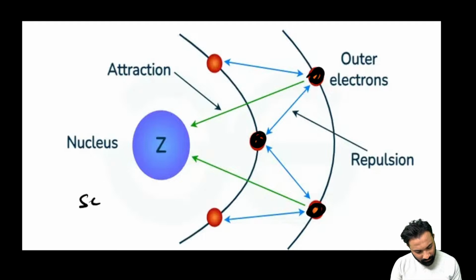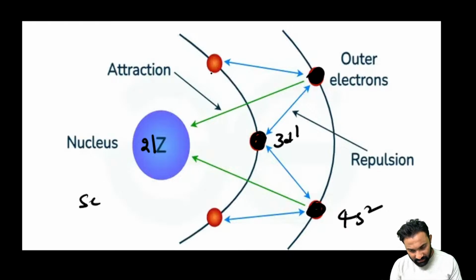For scandium, the atomic number is 21, meaning 21 protons will be there. These are the outer electrons, 4s2 electrons. Now this is a 3d1 electron. As the inner electrons increase, nuclear charge also increases. Increased nuclear charge means this valence electron wants to be attracted towards the nucleus. You can see these arrows.